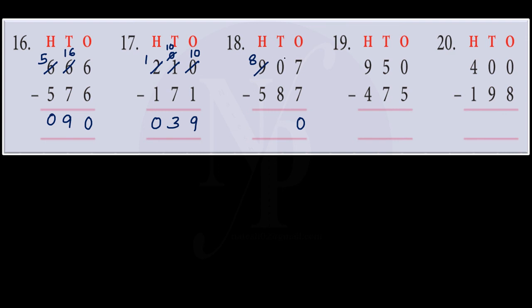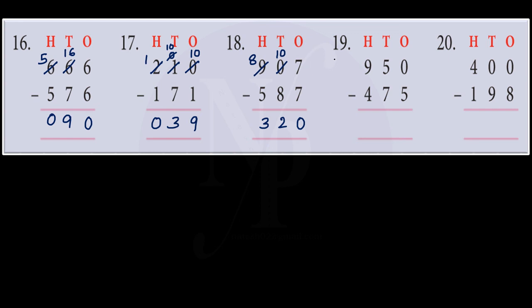Borrow 100 to tens column to make this 0 as 10 tens. Subtracting 8 tens from 10 tens, you get 2 tens. Here we subtract 500s from 800s to get 300s as a difference. So 320 is the difference of 907 and 587.